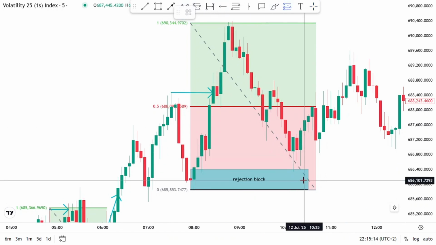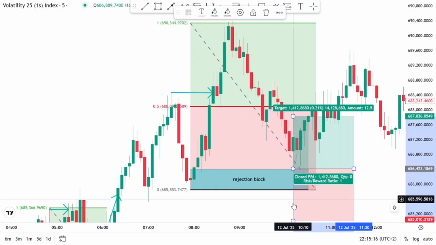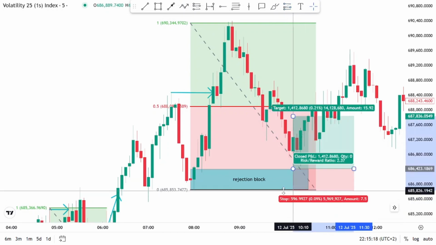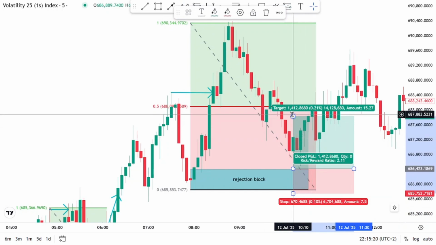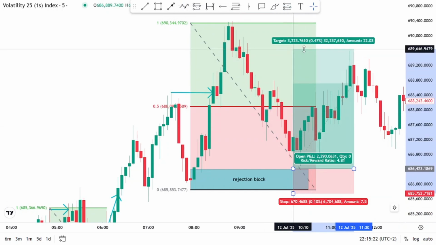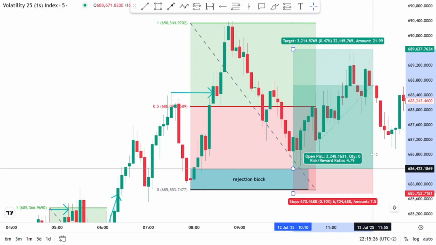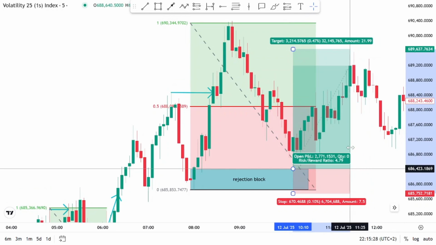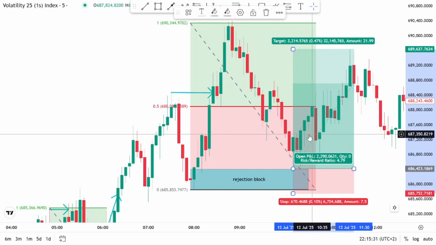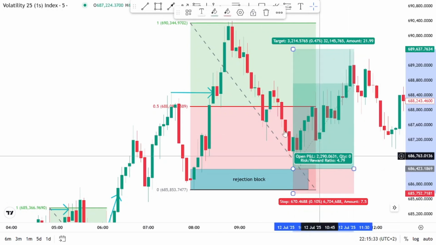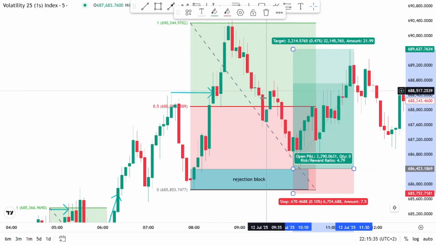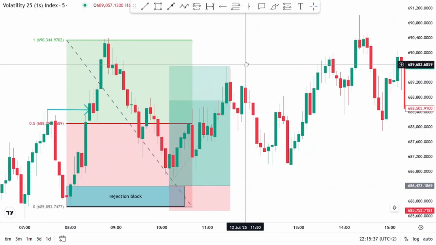So you are on the good side buying from this level. Stop loss just a little bit below and then going to the upside. Look at that, you'll be in good trades and you won't be the victim of a liquidity grab.